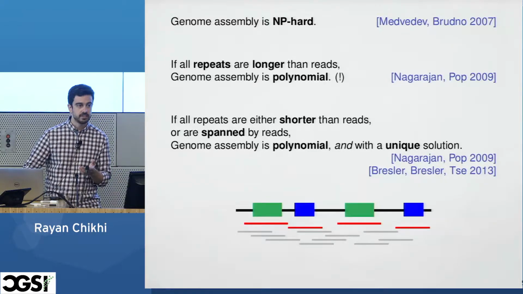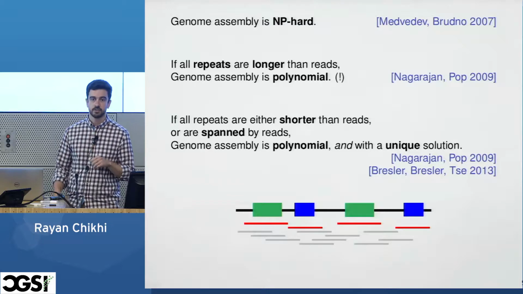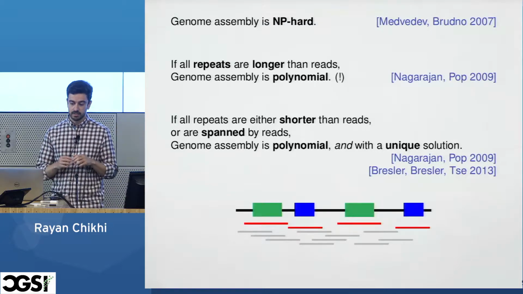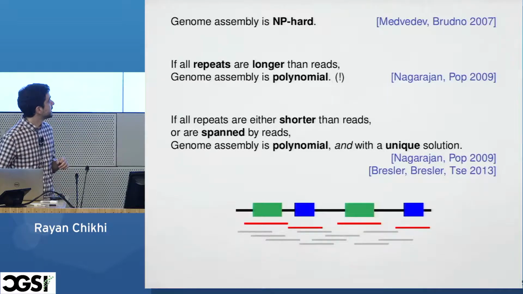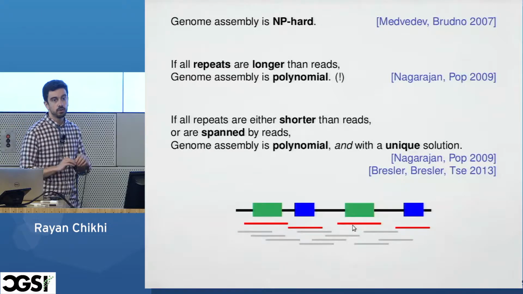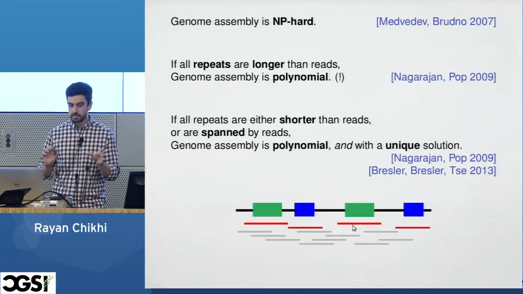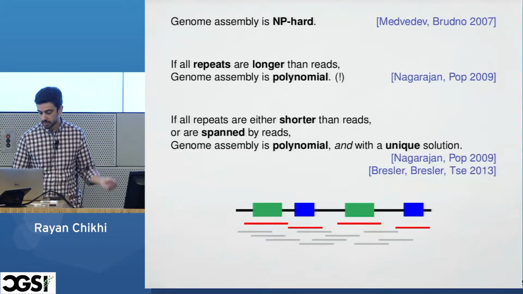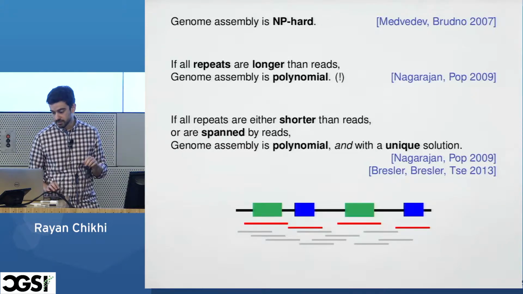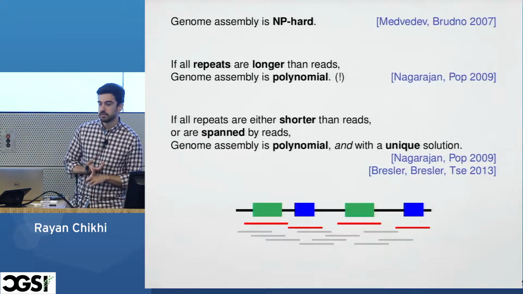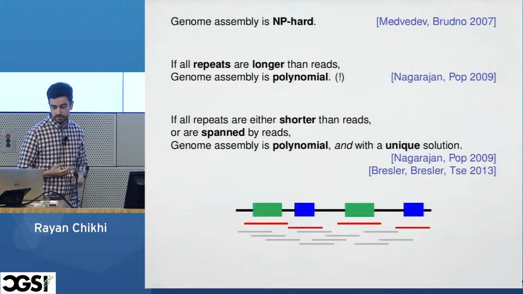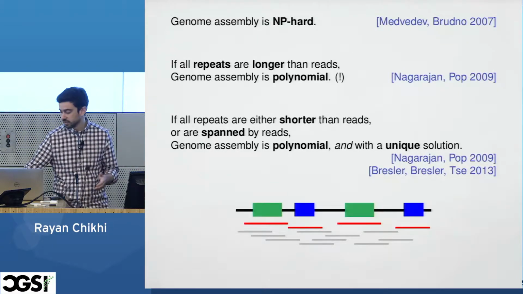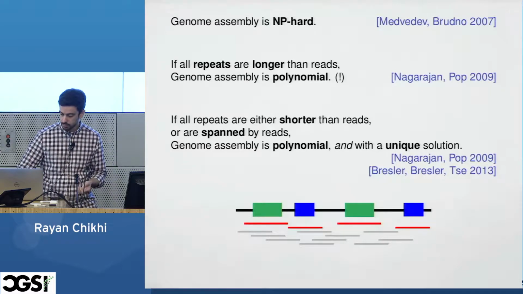But what's more interesting, if the repeats are shorter than your reads, or the longer repeats are spanned by the reads, by span I mean there exists for each repeat instance a read that is longer than the repeat and spans a little bit to the left and to the right of it, and if you have this for all the repeat instances, then assembly can be solved in polynomial time and has a unique solution. So this is very nice, and it tells us that we can work with long reads and do some good work.